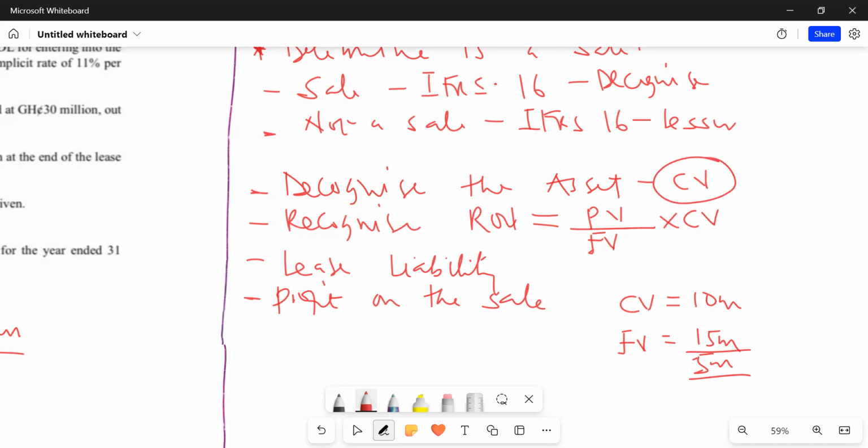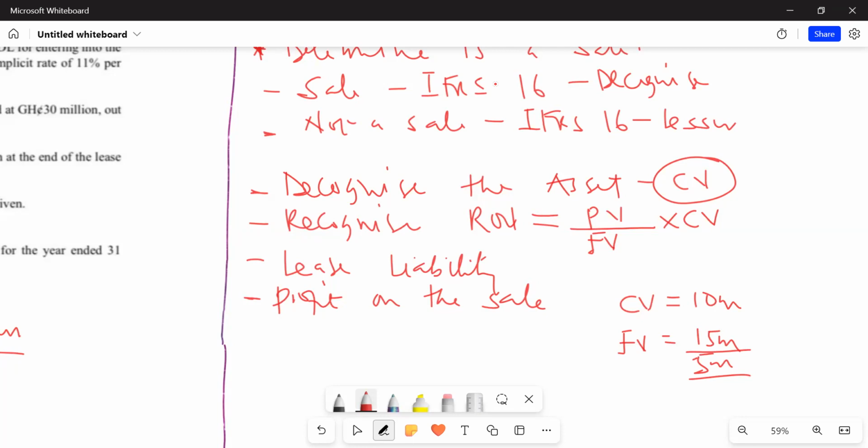Because there is a part of ownership that is still in your hands, which is the right of use. So what portion are you retaining? It means that the asset has been sold, all right, but not all the rights have been transferred to the customer. You are still maintaining part of the rights. So what is the right given to the customer? You only recognize profit to the proportion of the rights that you have transferred to the customer.